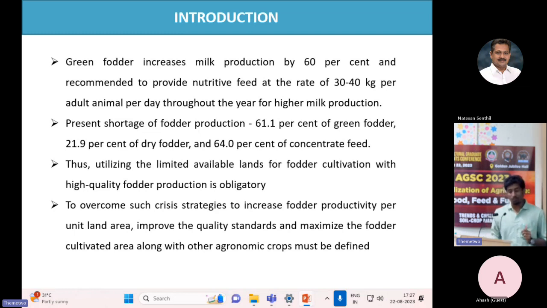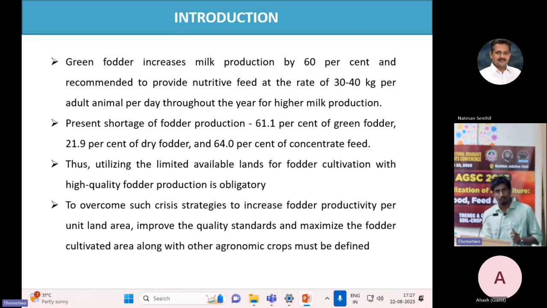In the current situation, it is estimated that about 61% of green fodder, 21.9% of dry fodder and 64% of concentrate feed is deficient. For increasing green fodder consumption by animals, we have to produce more green fodder, but due to limited available land for agriculture, it is impossible to allocate more land for fodder cultivation.